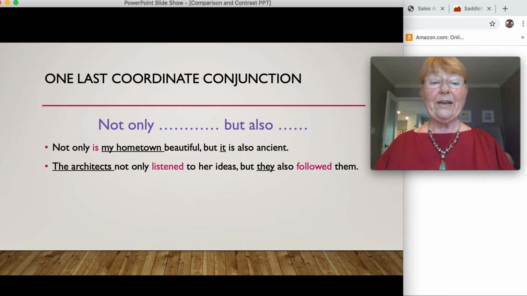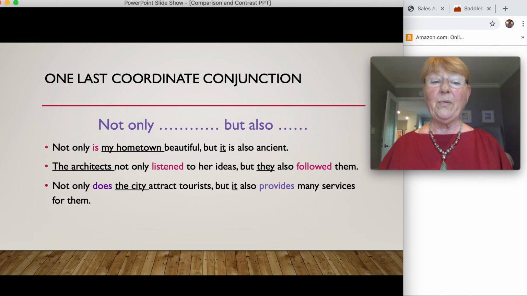Now here you have the architects, that's the subject. Not only in front of the verb, now it's the regular order. The architects not only listened to ideas, but they also followed them. Of course, we both have simple past tense. Or here's another one where not only comes first. That's where you get the reversal.